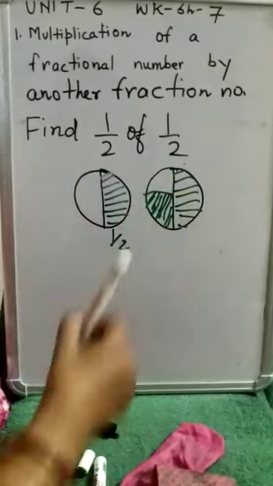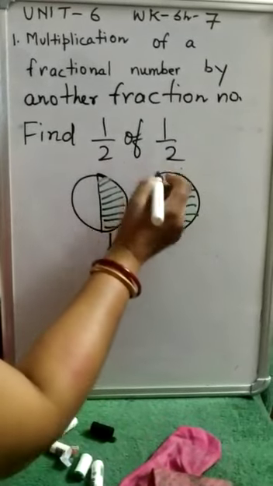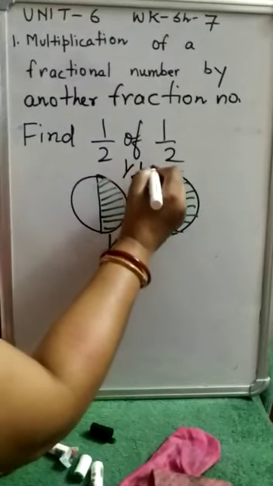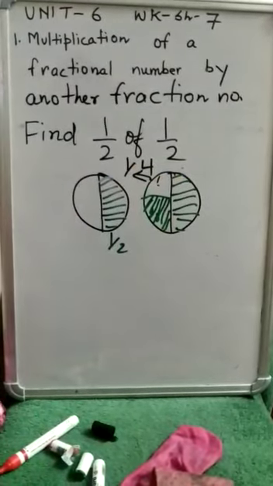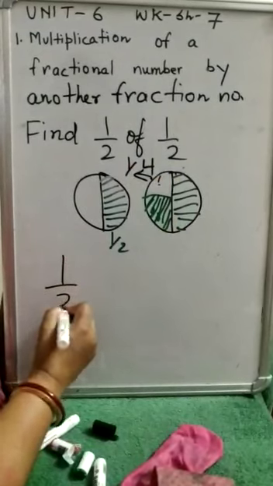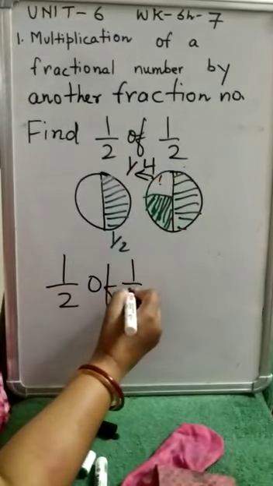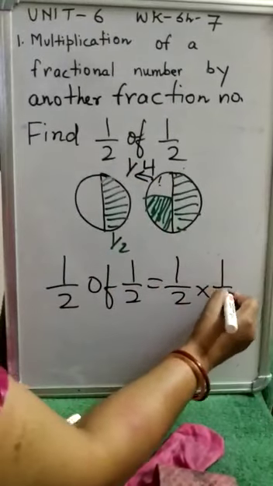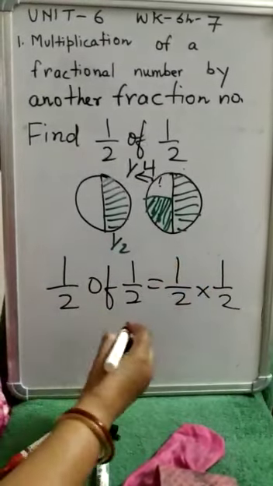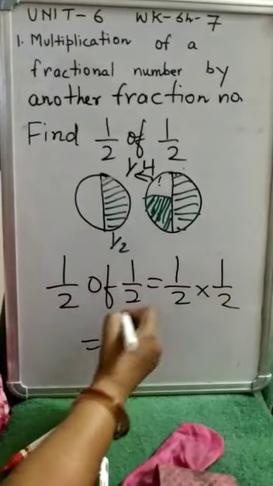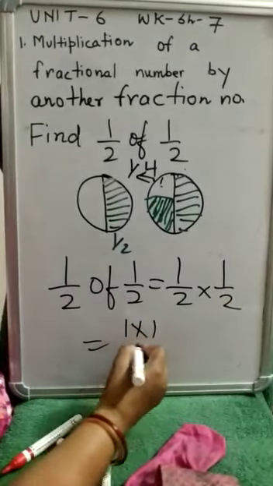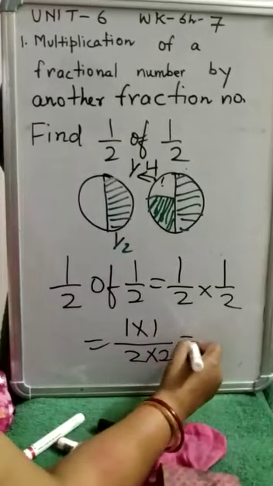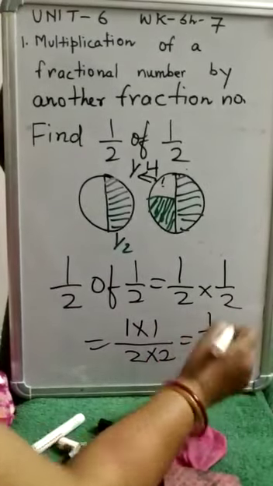It means this portion is half of the half, that is 1 by 4. Correct? So 1 by 2 of 1 by 2 equals 1 by 2 into 1 by 2. That is, numerator will be multiplied by numerator 1 into 1 and denominator by denominator 2 into 2. That is 1 by 4.